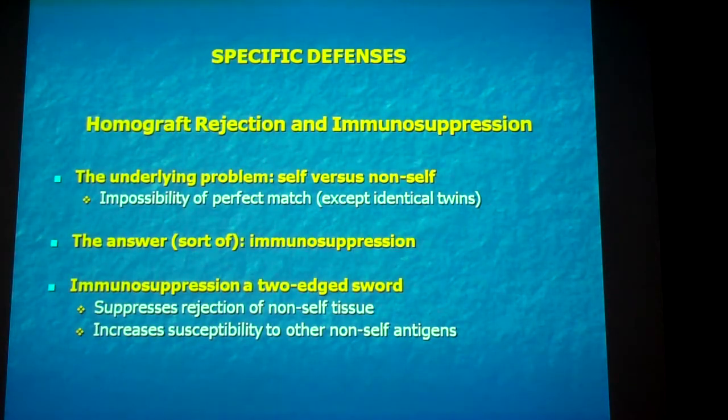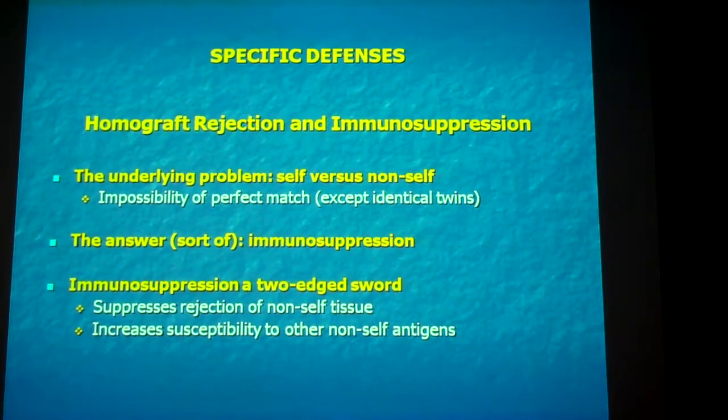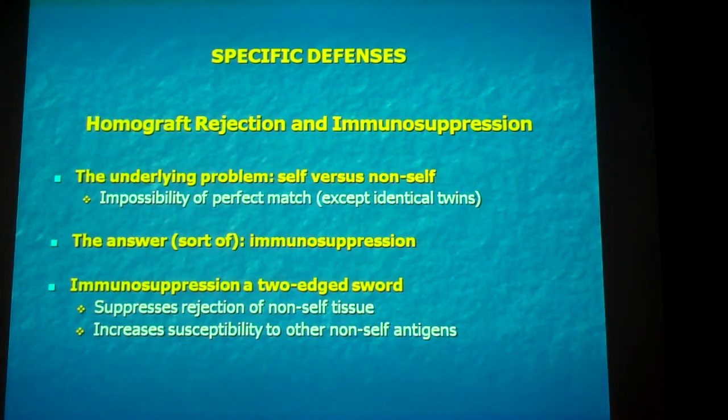Now, a little bit about homograft rejection and immunosuppression. What we're talking about here is tissue and organ transplants. The basic problem here is dealing with self versus non-self antigens.